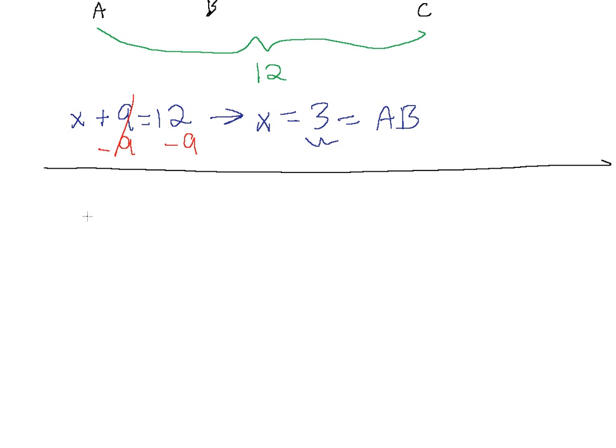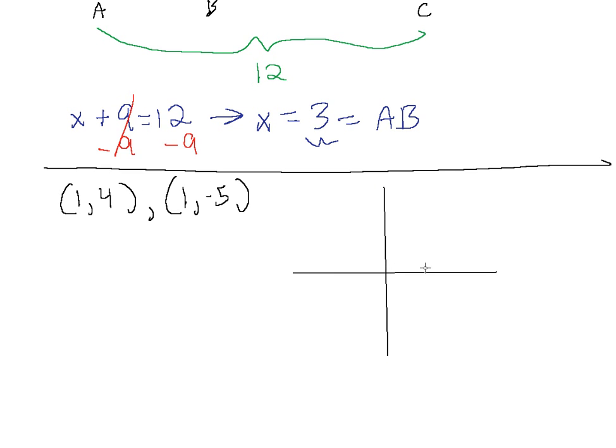So let's take a look at a different one. Let's say we have two coordinates. We have the coordinates 1, 4, and the coordinates of the point 1, minus 5. And we want to know the distance between these 2 points. Let's go ahead and draw our coordinate plane just to see what's going on here. Here's our x-axis and our y-axis.